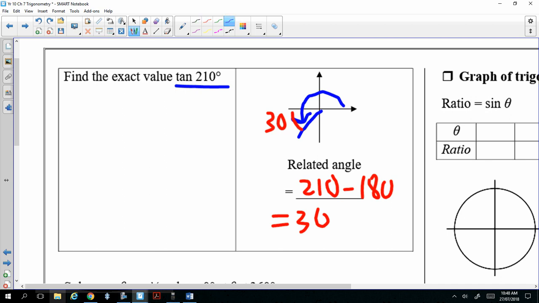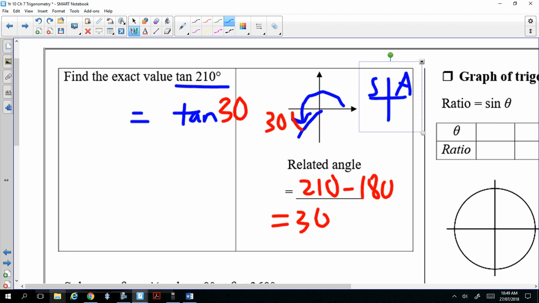And it is positive because of ASTC: tan is positive in the third quadrant. Then you need to know the exact value of tan 30. What's tan 30? 1 over root 3. So if you memorize it, it will help you to do this part.